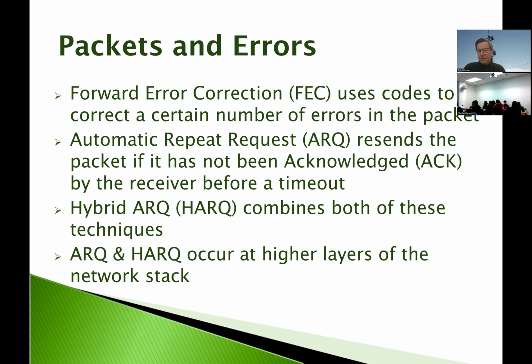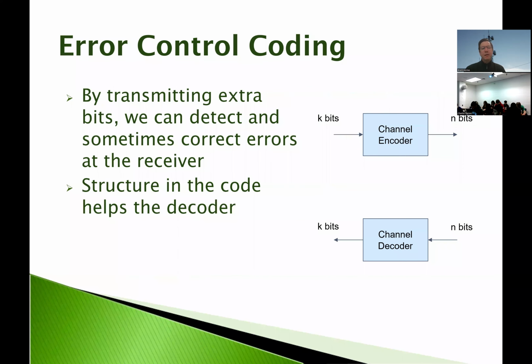So it'll try to correct using FEC, but if it can't, it'll ask for the packet to be resent. Oftentimes that is done simply by a timeout, where the receiver will ACK every good packet received and not do anything if it has a bad packet, and then that'll eventually time out. ARQ and HARQ occur at higher layers of the network stack, so we don't talk much about them.